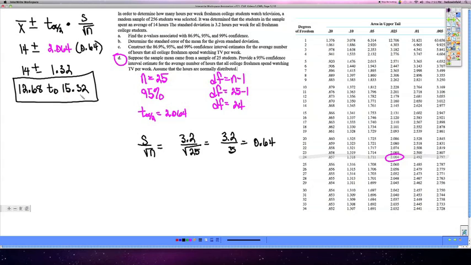And that would be our confidence interval given a sample of 25 students.